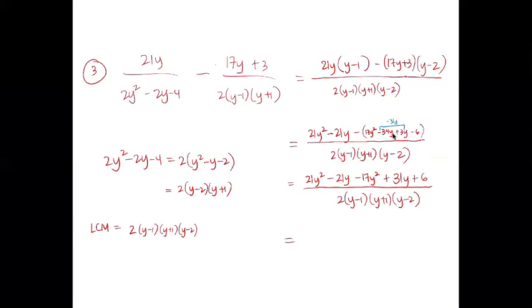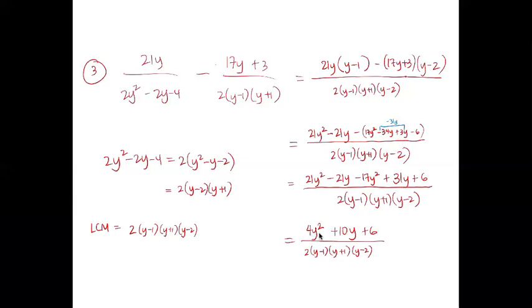Simplifying further, we have 21y squared minus 17y squared, that's 4y squared. Here you have minus 21y plus 31y, that's plus 10y. And then you have the plus 6, divided by 2 times y minus 1, y plus 1, y minus 2.